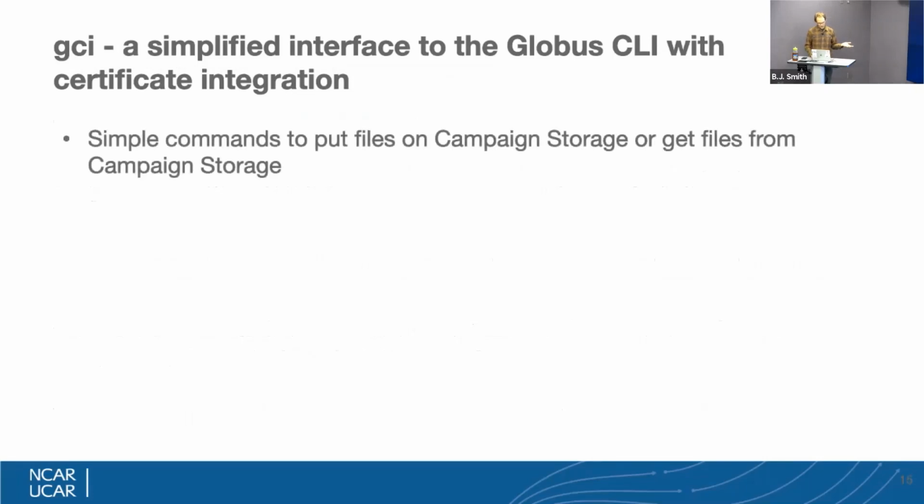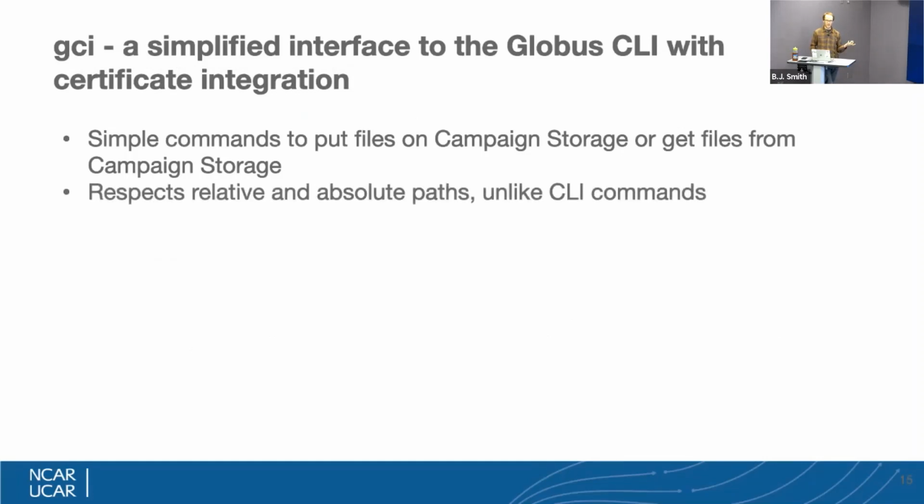So it provides simpler commands to move files between those two endpoints. One thing that we've added, hopefully a value add, is that it respects relative and absolute paths, which the CLI commands don't. So if you're using the Globus transfer command, you want to give absolute paths. But here it'll recognize, okay, I'm looking on campaign storage, so I know it's going to be a Glade campaign path.